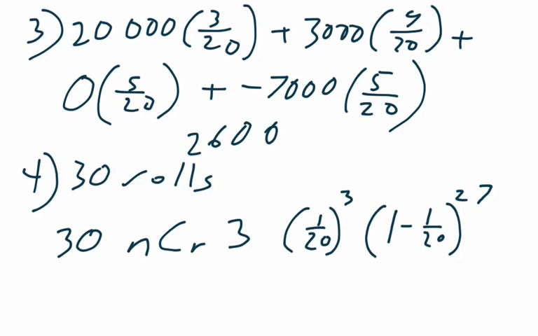Remember that nCr is in the math menu under PRB. And when you plug it in, you should wind up with 0.127.